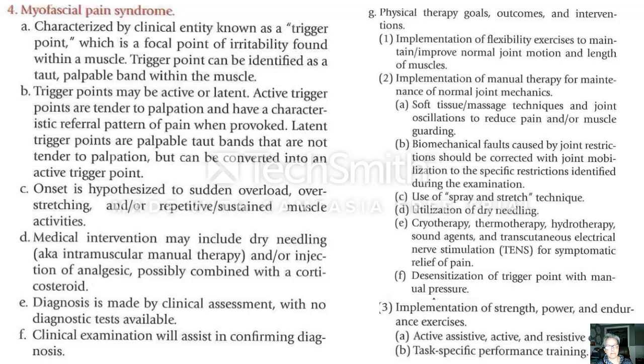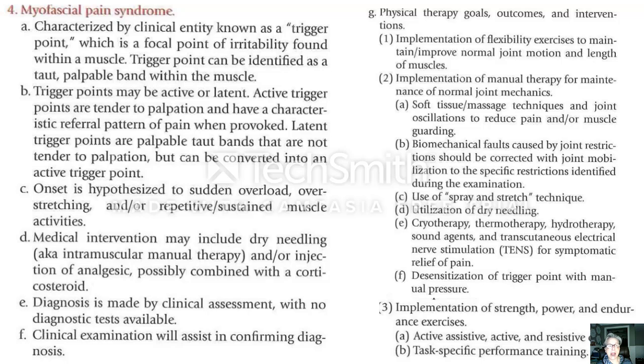Myofascial pain syndrome, characterized by a clinical entity known as a trigger point, which is a focal point of irritability found within a muscle. A trigger point can be identified as a taut, palpable band within the muscle.